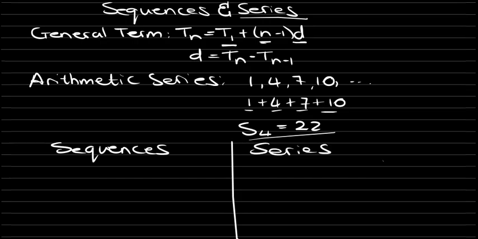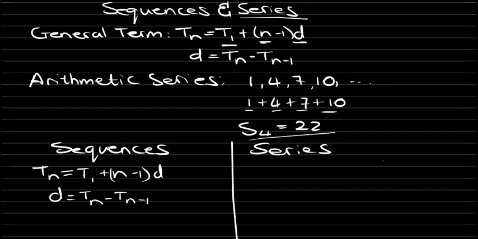Let's see. Okay, so the general term, I'm not going to write it out because I've written it above. The general term for sequences is as follows: T1 plus n minus 1 times d, and then we also have that d equals Tn minus Tn minus 1. Cool. Now when we look at the series, I'm not going to go through the derivation exactly.